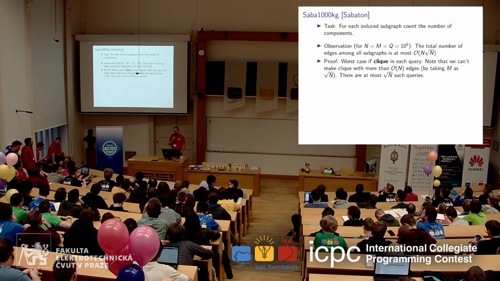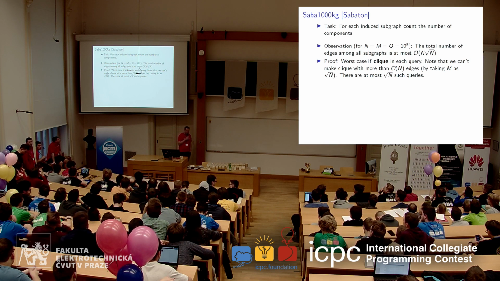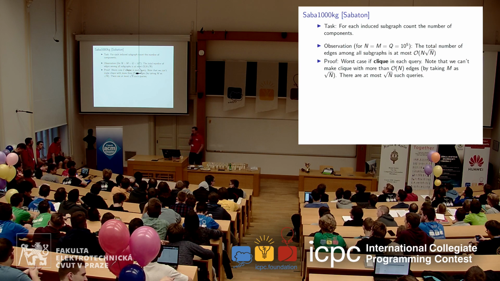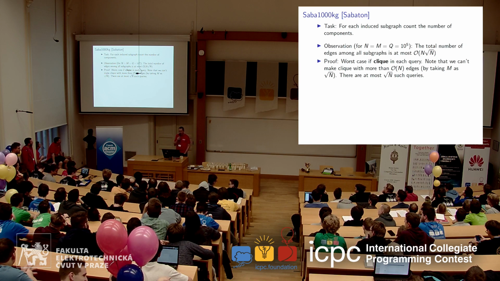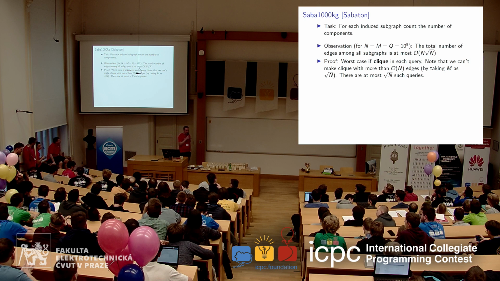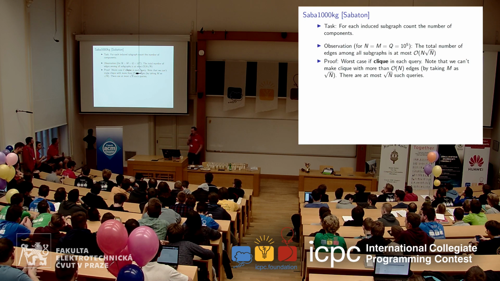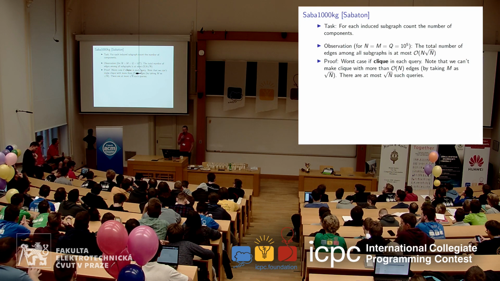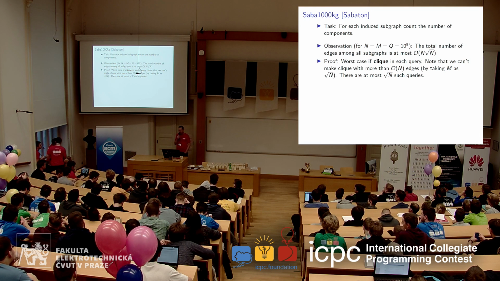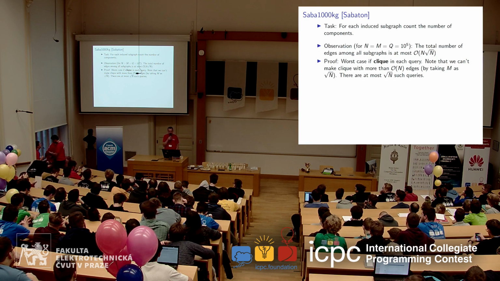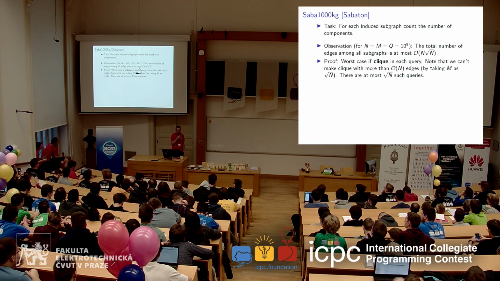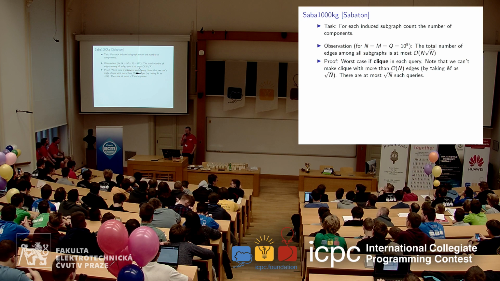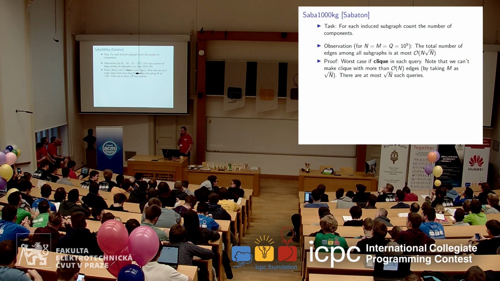But there is an important thing: the maximum number of edges we can achieve is with a clique of size square root of n, and there can be at most square root of n such queries.